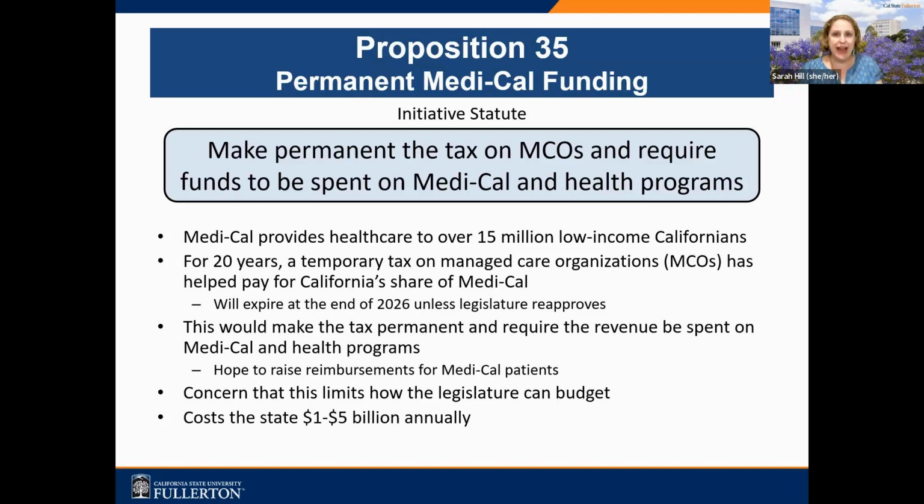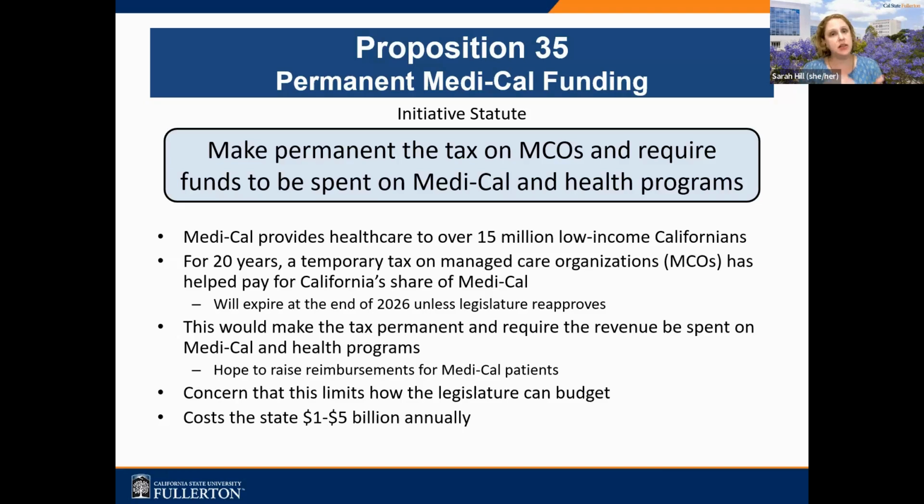For 20 years, we've had a tax, it's been temporary, on managed care organizations. So think of Kaiser Permanente, right? A lot of folks get their health care through Kaiser, and they are taxed. And that tax goes to helping pay for California's share of Medi-Cal. So Medi-Cal is paid for in part by the state and in part by the federal government.